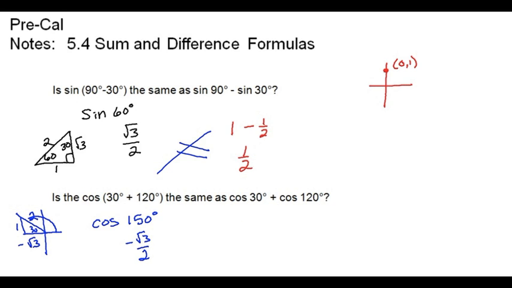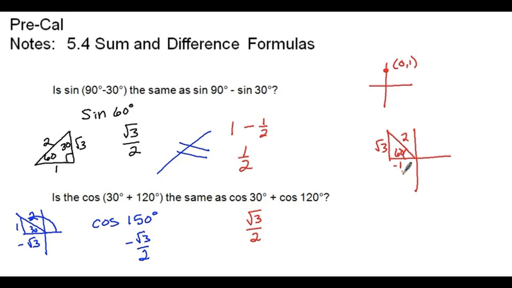Now let's look at it for the cosine of 30 and cosine of 120. Cosine of 30, if you look back up here, cosine would be root 3 over 2. Cosine of 120. If I look at a unit circle again, because I like to look at that, that would be a 60-degree reference angle. And this would be 1, 2, square root of 3, and negative 1 in there.